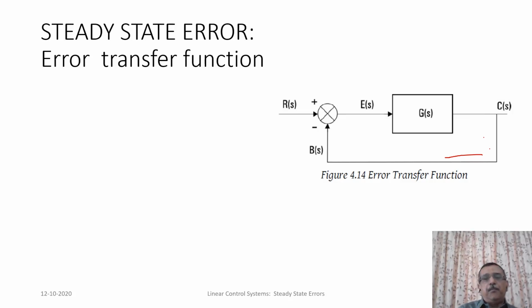And G(s) is called the open loop transfer function. So we know about the open loop transfer function. We know the closed loop transfer function, C(s) by R(s), we have seen earlier. It is G(s) by 1 plus G(s)H(s). Here we want the error transfer function. E(s) is R(s) minus B(s).